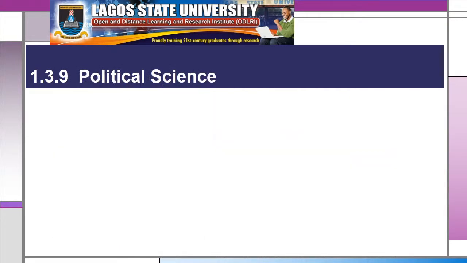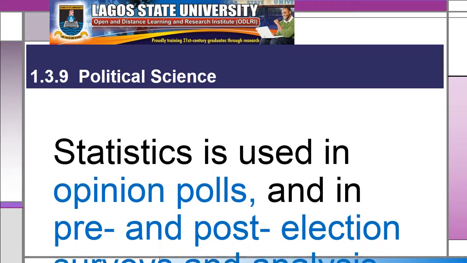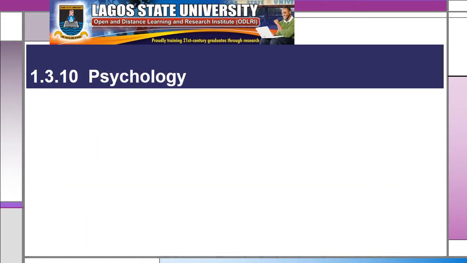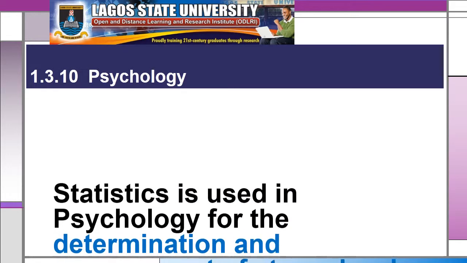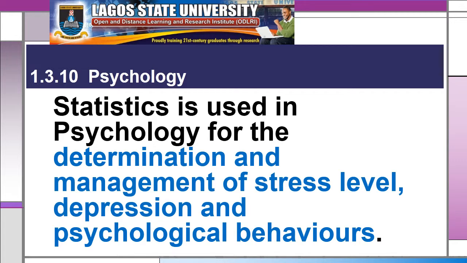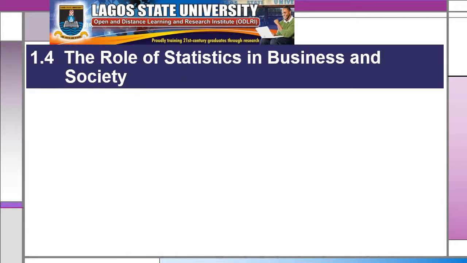In political science, statistics is used for opinion polls, for example pre- or post-election surveys. In psychology, statistics is used in the determination of stress or depression levels and other psychological behavior of an individual.